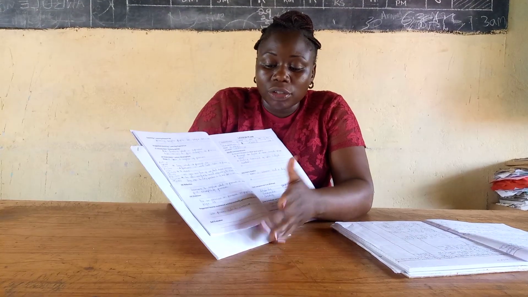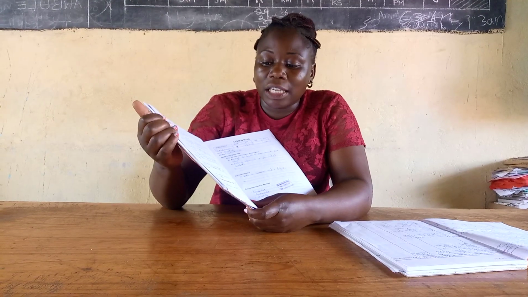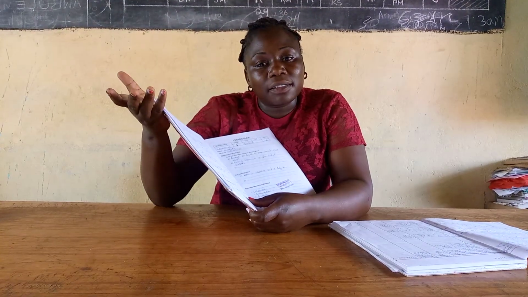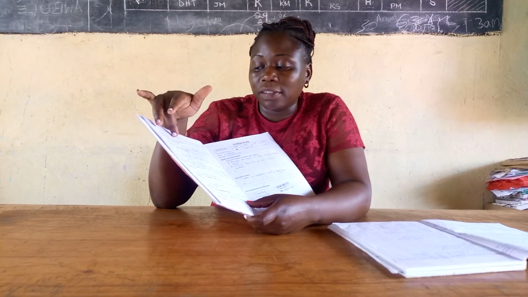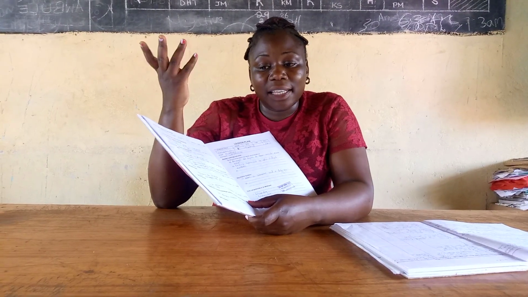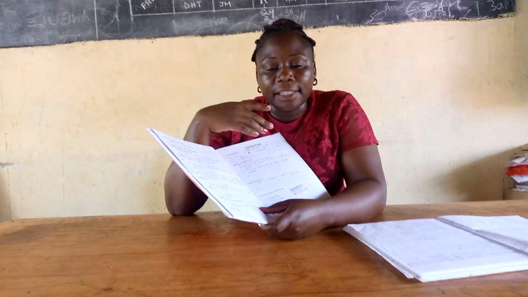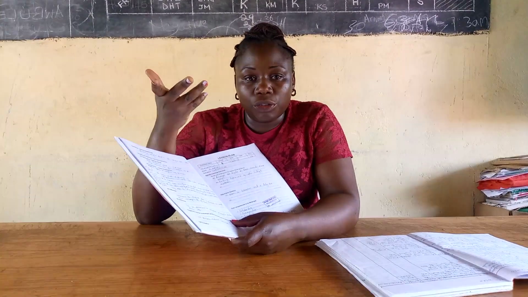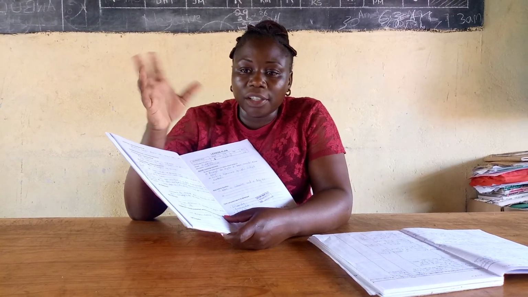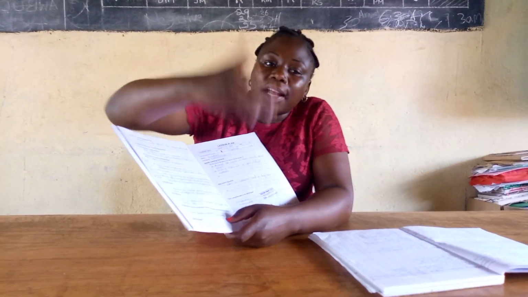Just as the reflection, this is self-evaluation, meaning your remarks at the end of the lesson. Was it a success? Were the objectives that you asked yourself here attained? That is what we call self-evaluation. You ask yourself questions. If the objectives were achieved, you'll write here objectives were achieved.